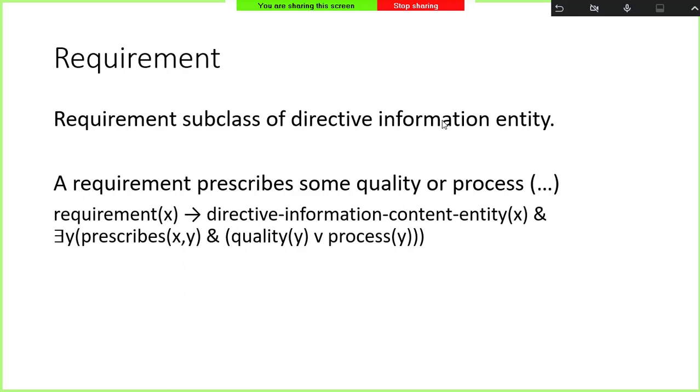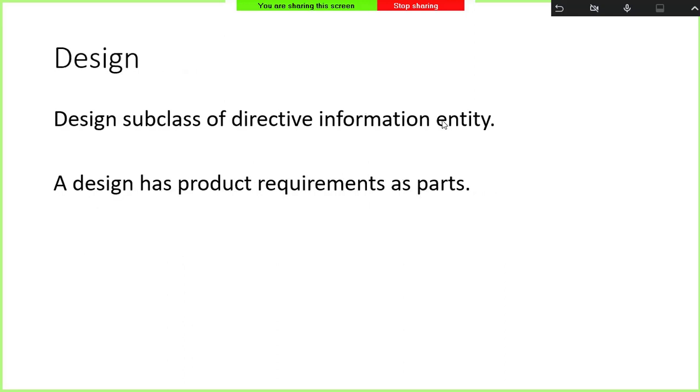But for our present purposes, it's enough to say that a requirement prescribes some quality or process. We remember the discussion of prescribes from an earlier part. And then a design is a collection of product requirement specifications. This is, again, a very early statement.